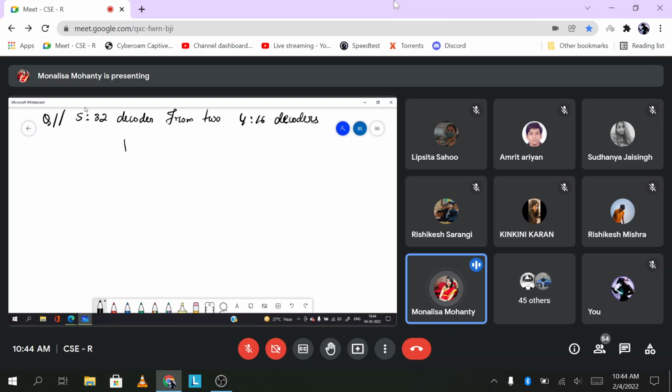So this is your 4 to 16 line decoder and another 4 to 16 line decoder. Here you'll be getting I0, I1 up to I15, then I16, I17 up to I31.